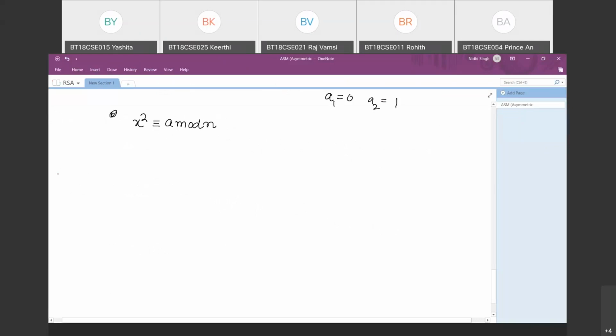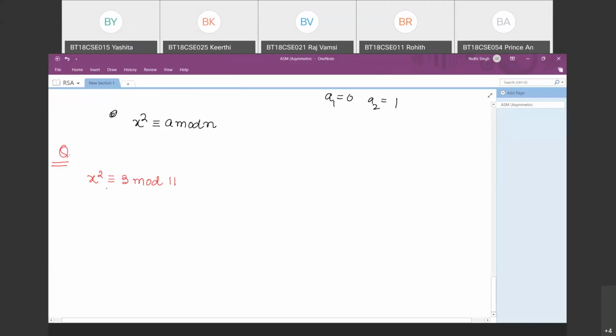Now I'm directly starting with the question because there is no time to explain the theory right now. So x square congruent to 3 mod 11, and you have to find out the value of x. What is the possible solution of x?